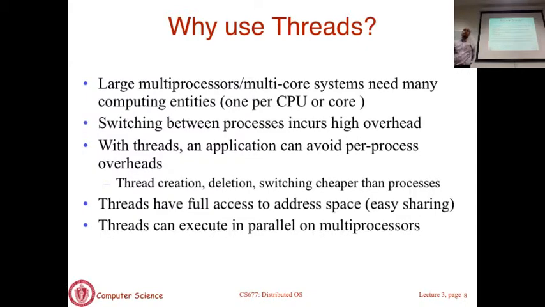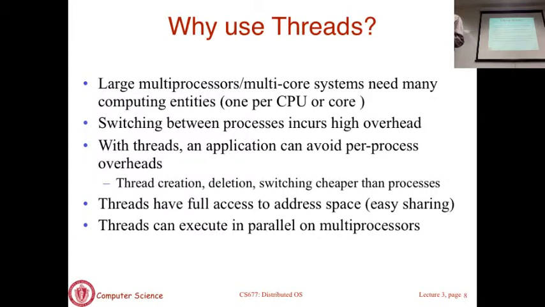The other thing is that scheduling between threads is always more efficient than scheduling across processes. When you context switch from one process to another at the end of a time slice, you are supposed to save the state of that process into this kernel data structure I was mentioning, the PCB, the process control block, and load the state of the new process. And then that process starts executing.